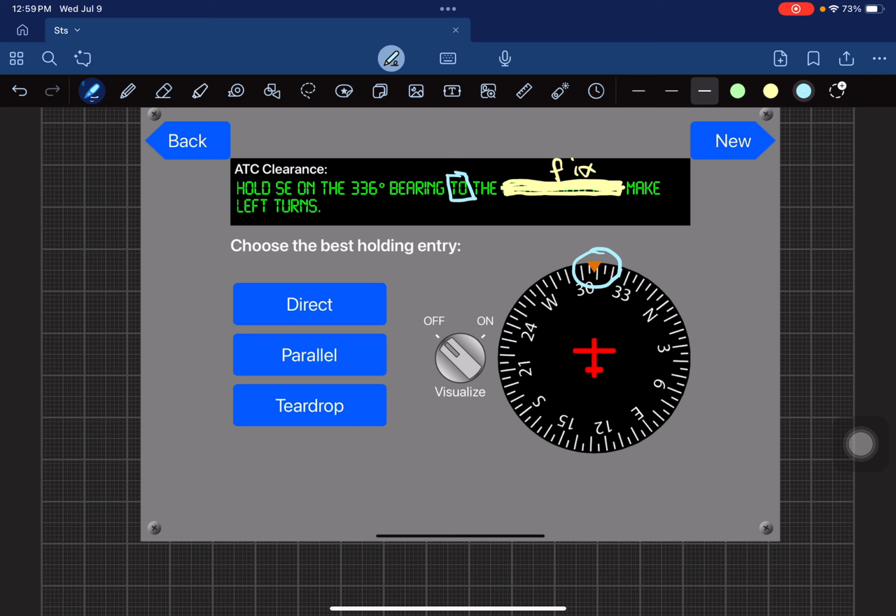That's your inbound. 336 is your inbound, the fix. And then you're going to be making, this is the third thing to consider, turns to the left. So this is going to be a direct entry.